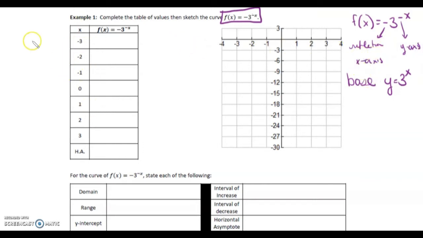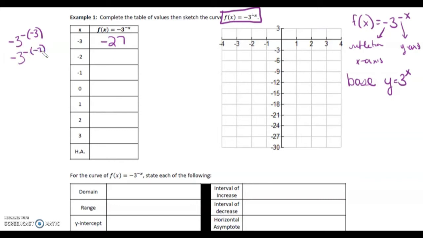Okay, if you're given a table of values, you can simply plug in -3 to the -3. So we get -3 to the exponent minus -3. I get -27. Okay, we did the same thing: -3 to the negative of -2.